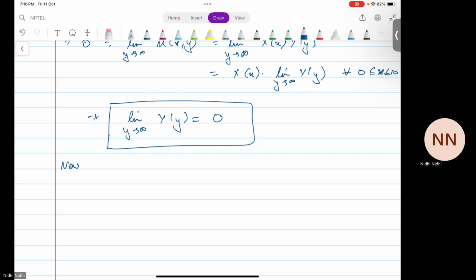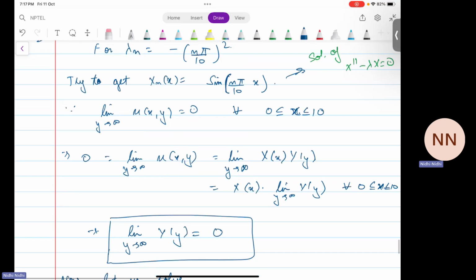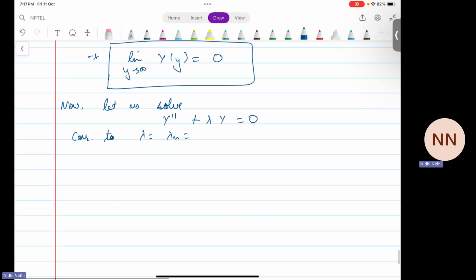Now let us solve the other equation, Y double dash plus lambda Y equals 0, corresponding to lambda equals lambda n, and lambda n is minus (n pi by 10) square.